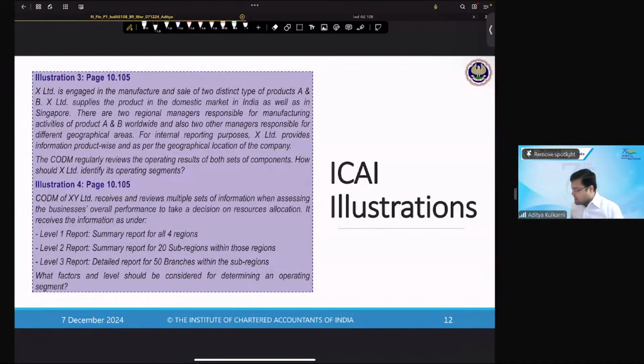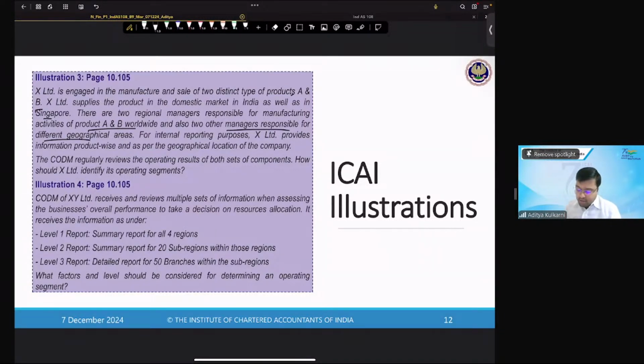So X Limited is engaged in the manufacture and sale of two distinct type of products, A and B. X supplies the product in the domestic market in India as well as in Singapore. There are two regional managers responsible for manufacturing activities of A and B worldwide, and also two other managers responsible for different geographical areas.